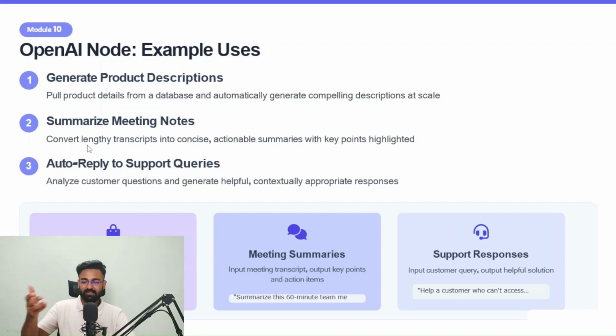So yeah, that's summarizing meeting notes for you. Then auto reply to support queries: of course, analyze customer questions and give a helpful and contextually appropriate response. So that's basically you attaching a chatbot onto your website or on Telegram or on WhatsApp and using the OpenAI node in the backend as your brain.